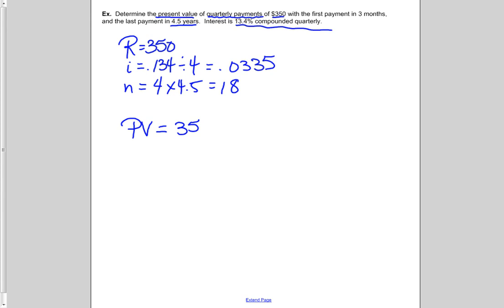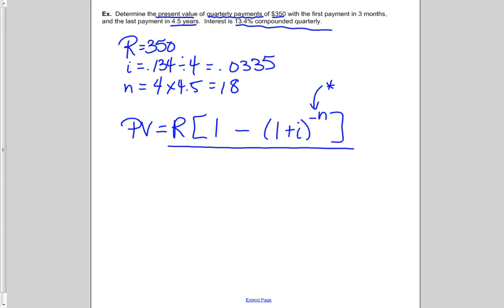Oops, let's write the generic formula right here. Good starting point. R. A little bit different than yesterday's. And do watch that negative sign. Present value is $350.